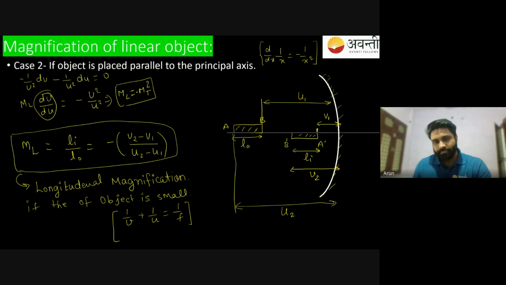Okay, got it? So these are the two formulas that we have for the linear object. If you have any doubt in this, just feel free to ask. I will tell you that in these formulas we generally have doubt, so please ask if you have any.